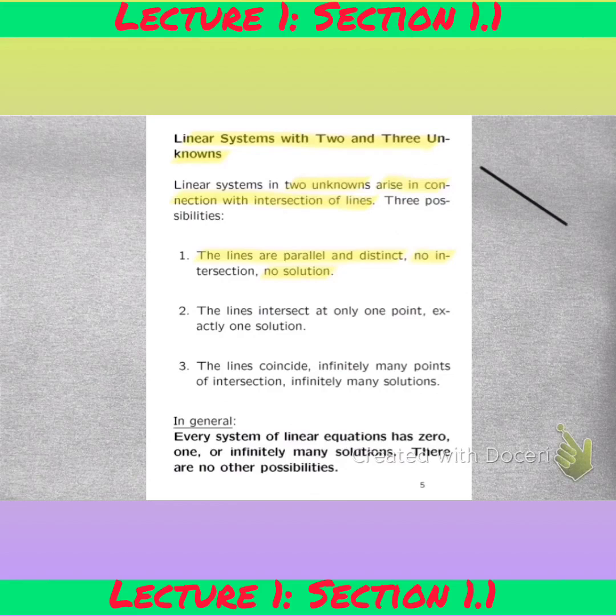Each equation in the linear system is an equation with 2 unknowns, and remember you can represent it with a straight line. If the straight lines that these equations represent are all parallel and distinct, then they're not going to have any intersection, and so there's going to be no solution to this system.